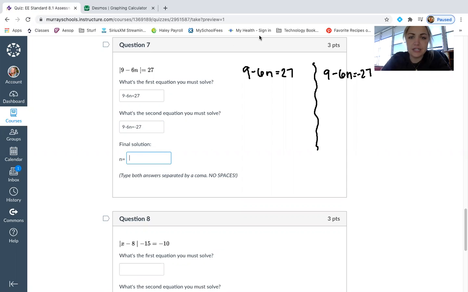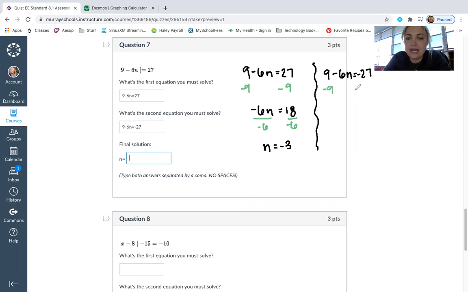So for our final solution, let's start solving this thing. I'm going to start by subtracting 9 from both sides, and I'll solve all of this one first. So I have negative 6n equals 18. Then I can divide by negative 6. I keep wanting to flip the symbol, but it's an equal sign, so we don't flip that to anything. n equals negative 3. Okay, let's look at the next one.